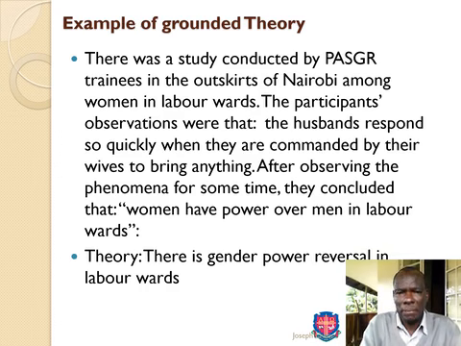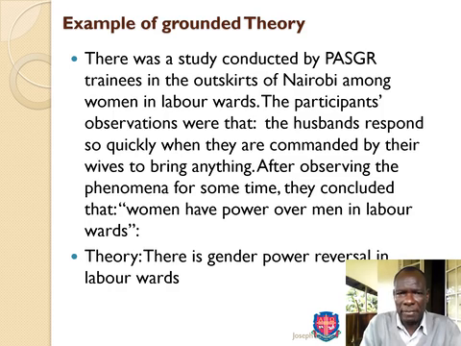So, an example of grounded theory. There was a study conducted by PASGA, an acronym for some organization in Nairobi. This study was conducted by PASGA trainees in the outskirts of Nairobi among women in labor wards.